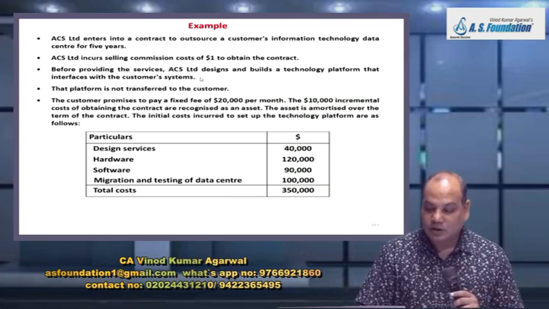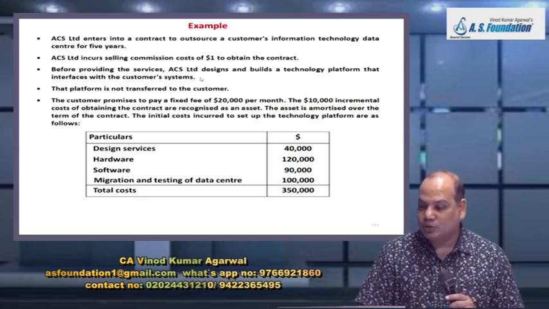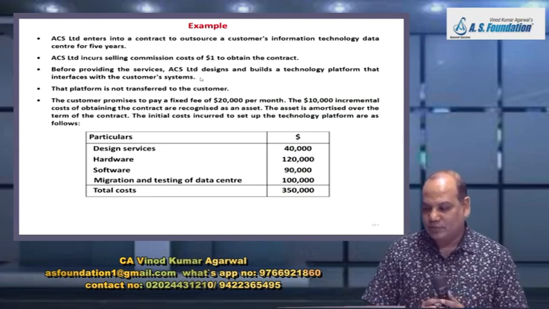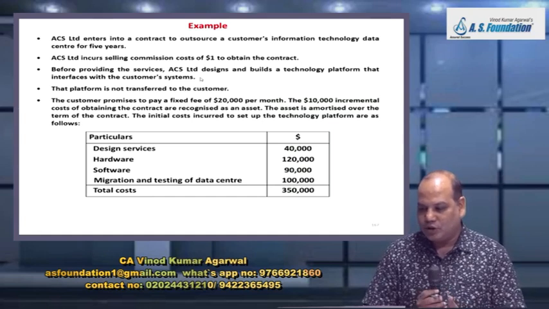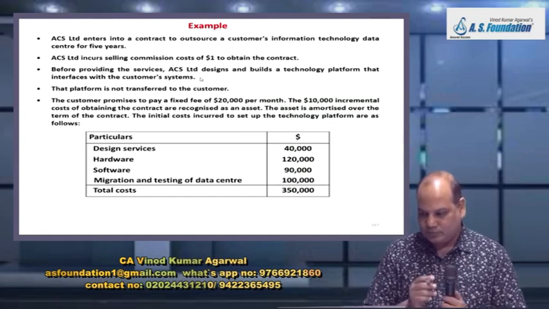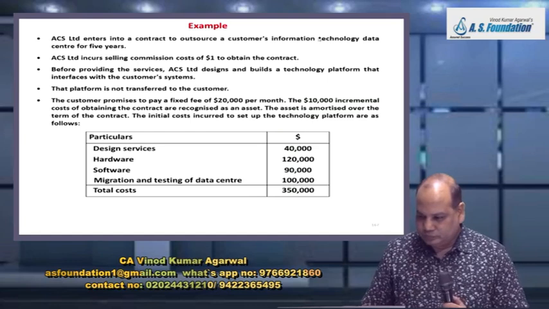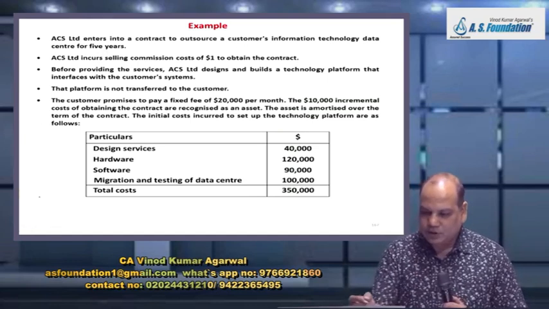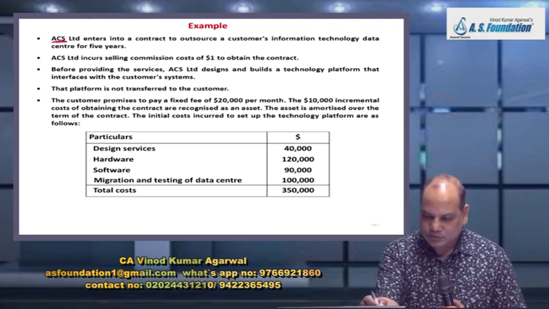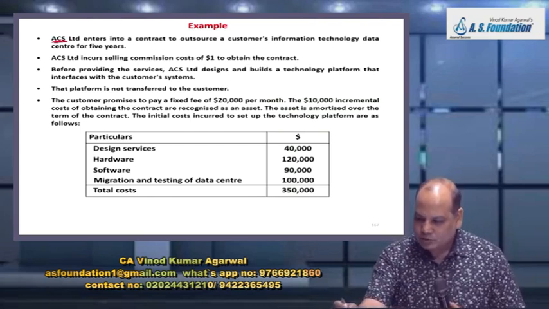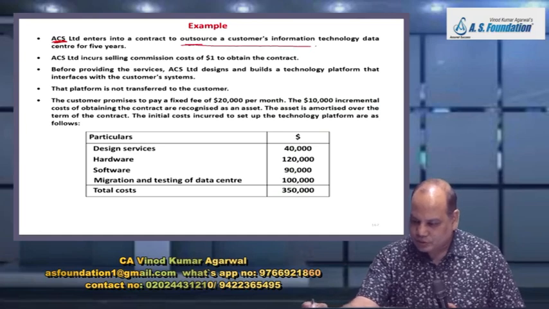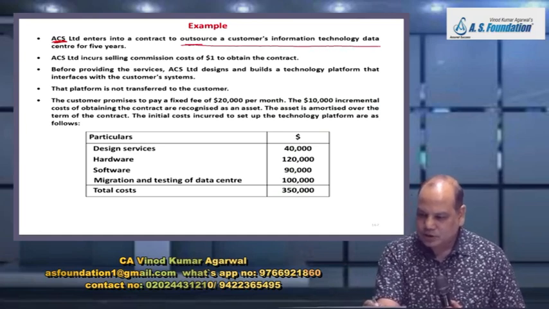ACS Limited enters into a contract to outsource a customer's information technology data center for 5 years. What is the activity of ACS? What is the performance obligation of ACS company? It will outsource the customer's information technology data center.